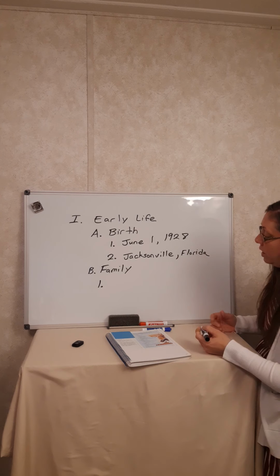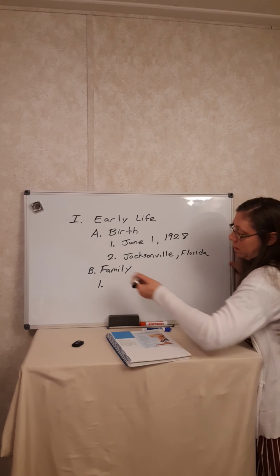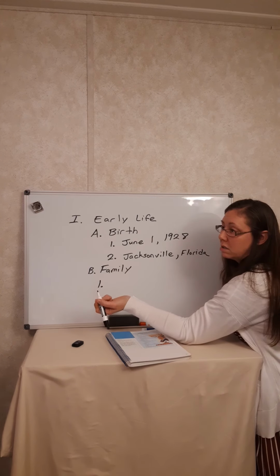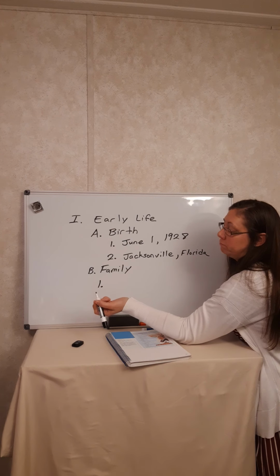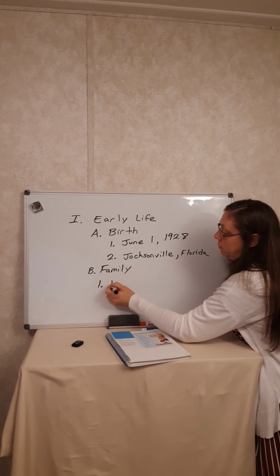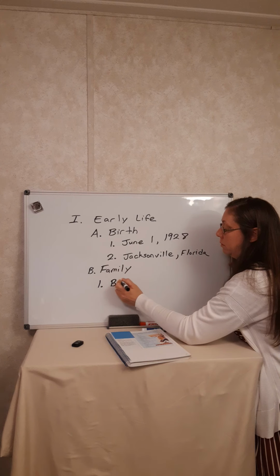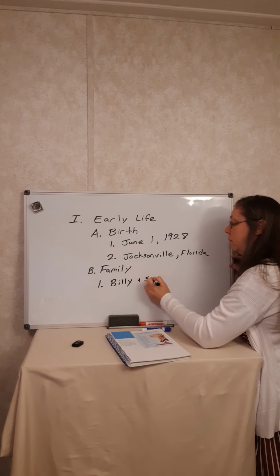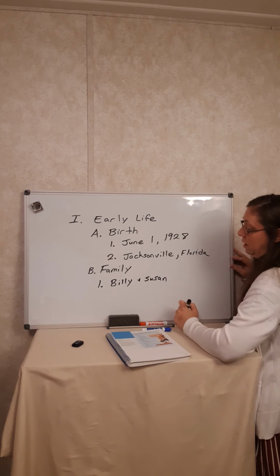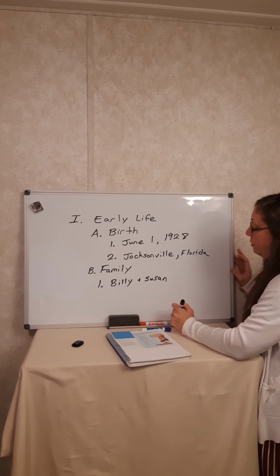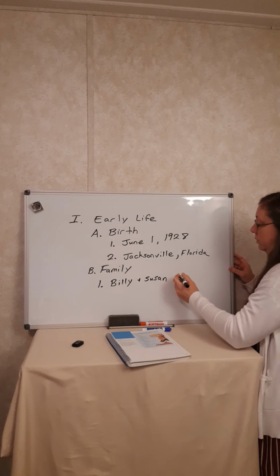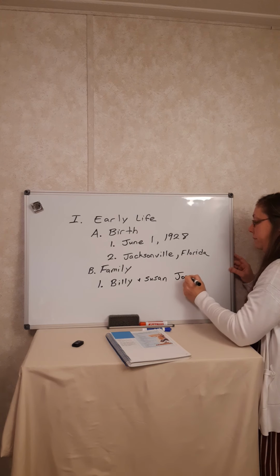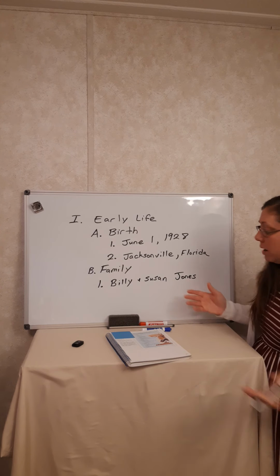So for example here, it might be their parents. Who was it? Let's say, I don't know, Billy and Susan Jones, just two random names. Whoever it is you're writing about.